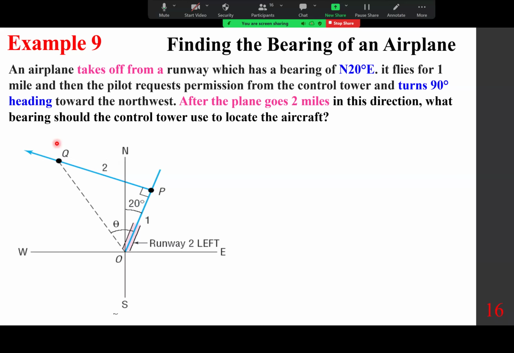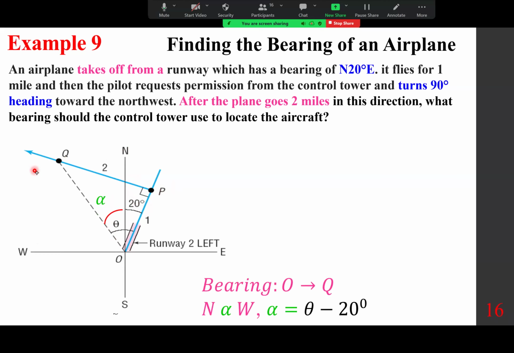So here's the runway, 20 degrees, 1 mile, 90-degree turn, 2 miles, and now we are here, and this angle, let's call it alpha. If this angle is alpha, the bearing is north, alpha, west.